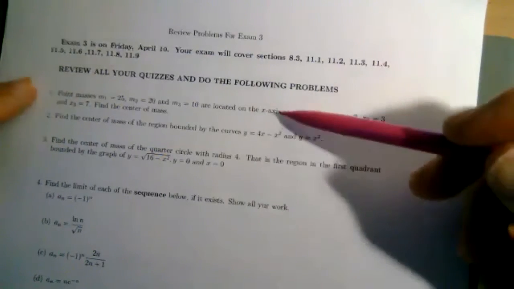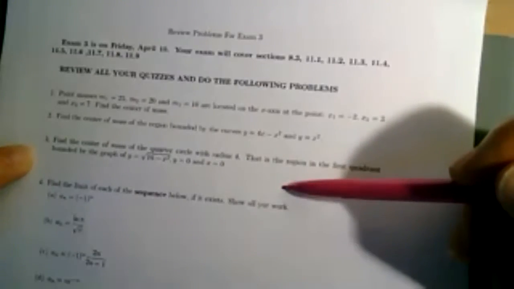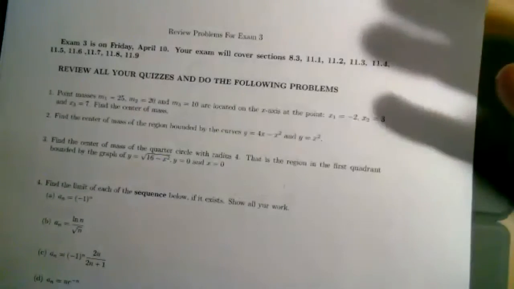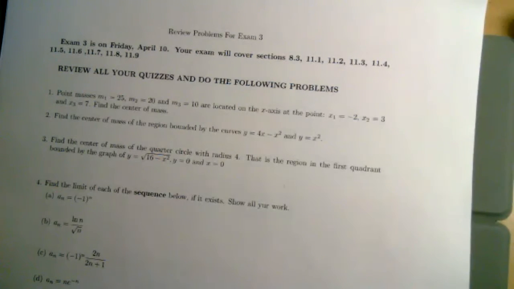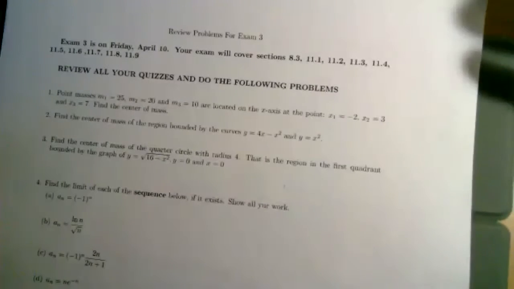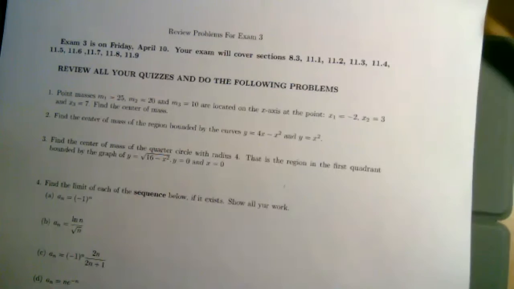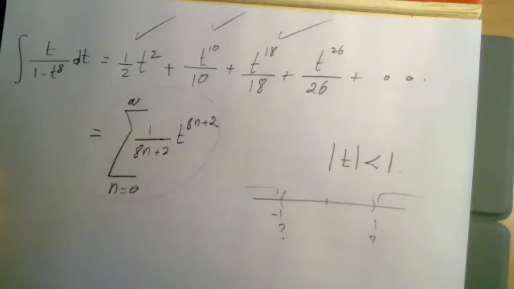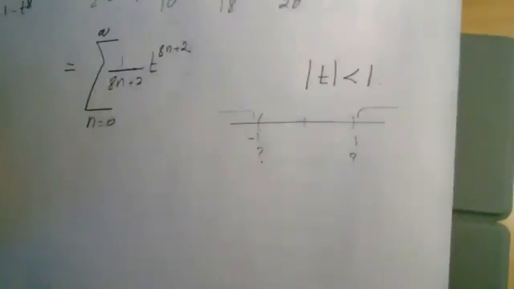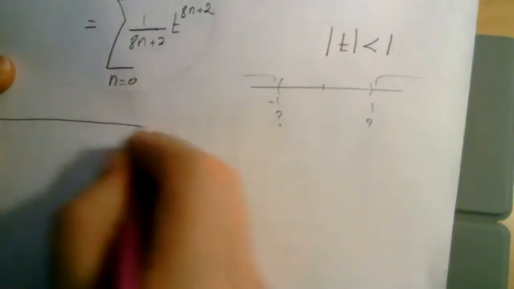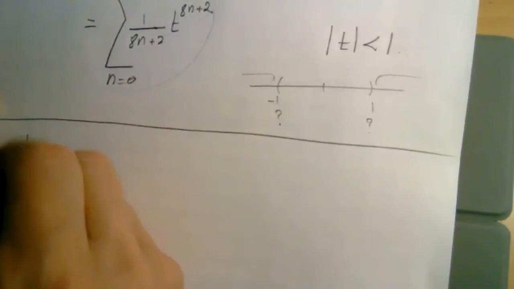All right, so the first part really deals with the center of mass. Those problems mainly deal with knowing the formulas and applying them very well. So I will set up the formula for number 2. I hope you have the review in front of you, so I won't have to rewrite the problem.